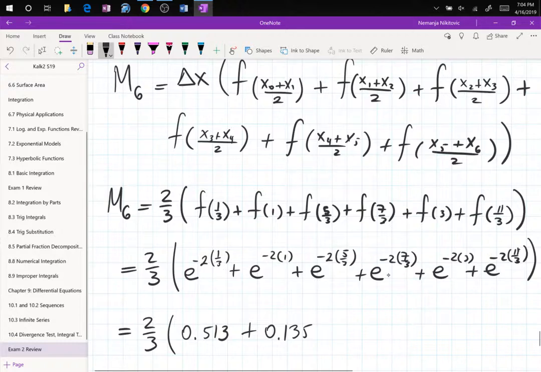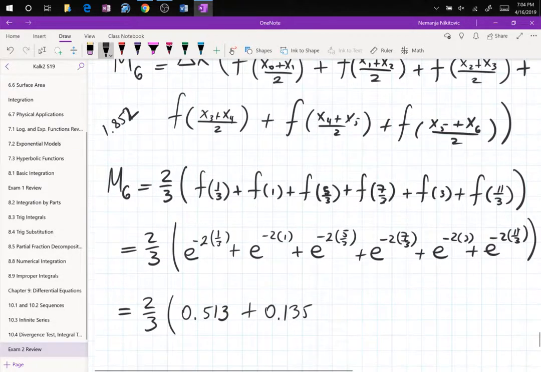Now you have to multiply that times 8/3. Wait, what? Yeah, because there's a 4 in front of the 2/3. Oh, and then that's 4. Right. The answer's going to be 1.8519556. Okay.